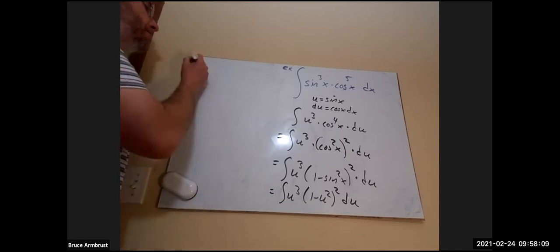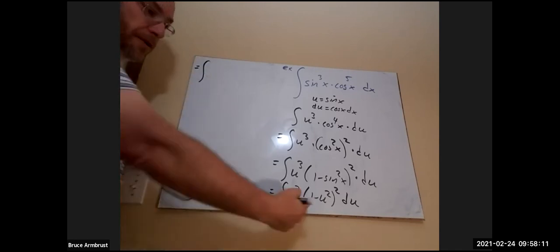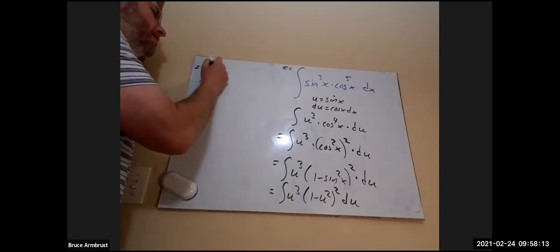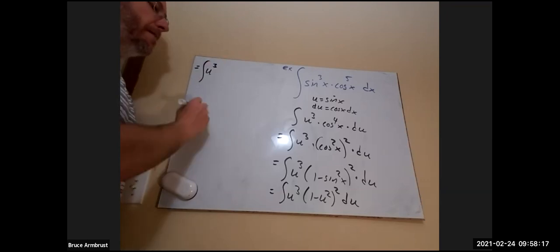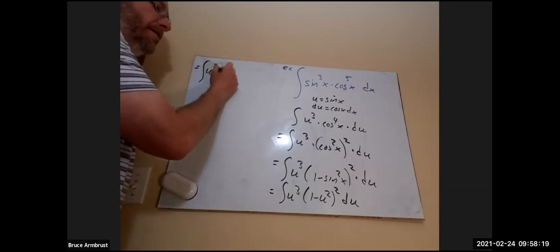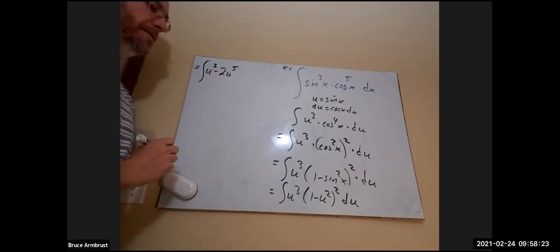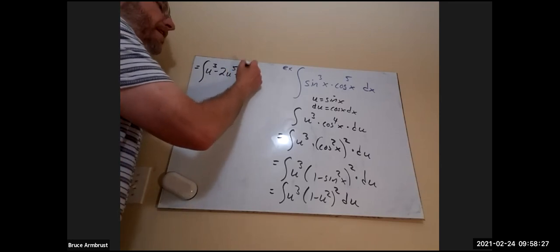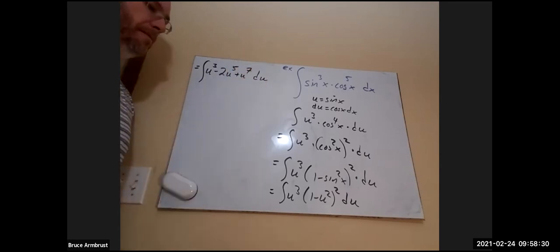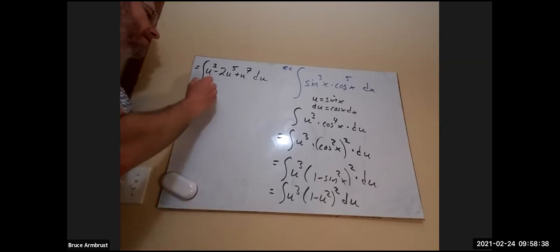If you were to multiply that all out, you FOIL this and distribute, you're going to get u cubed minus 2u to the 5th plus u to the 7th, which then is super easy.